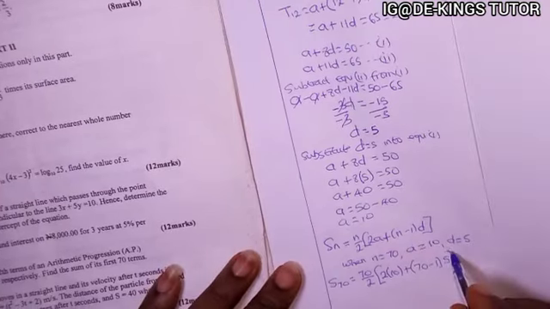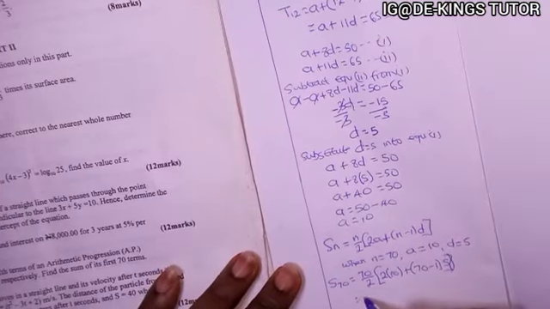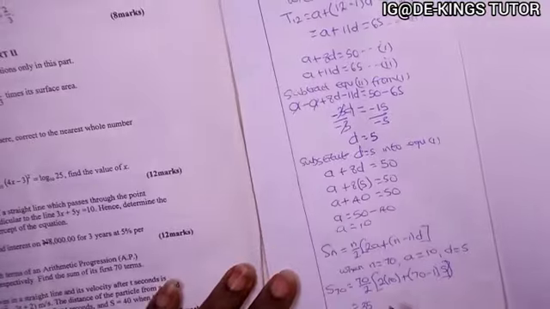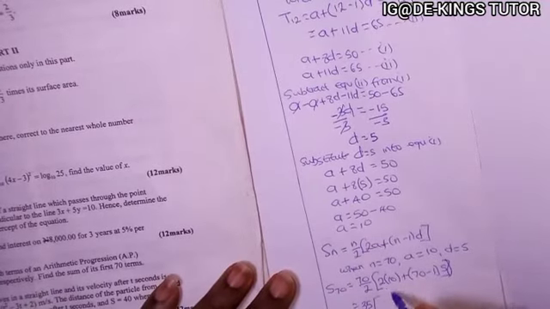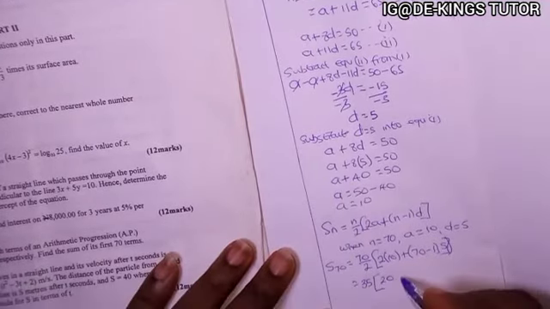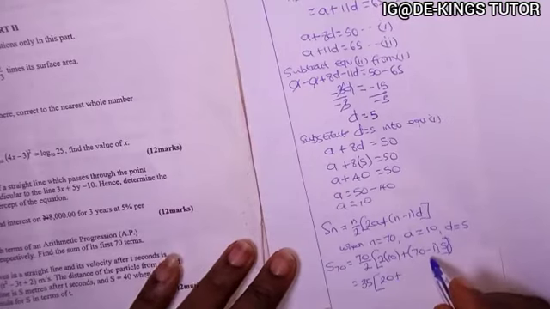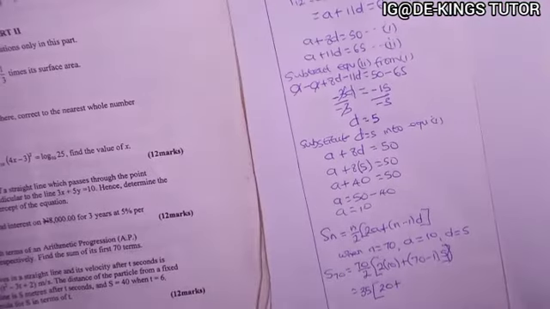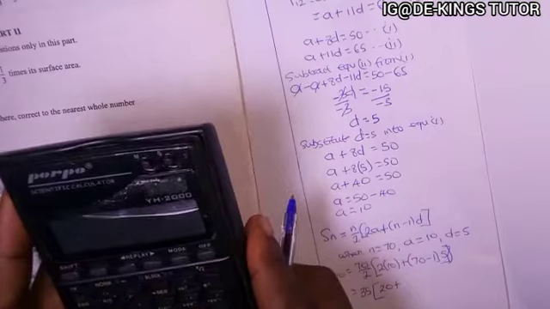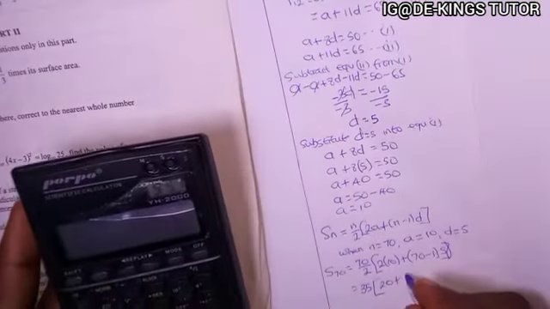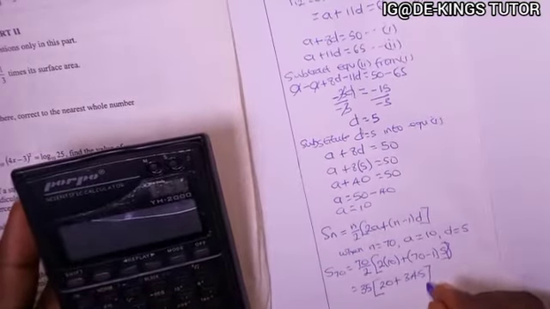So 70 divided by 2 gives us 35. Now 2 times 10 is 20, plus 70 minus 1 is 69 times 5. 69 times 5 is 345.